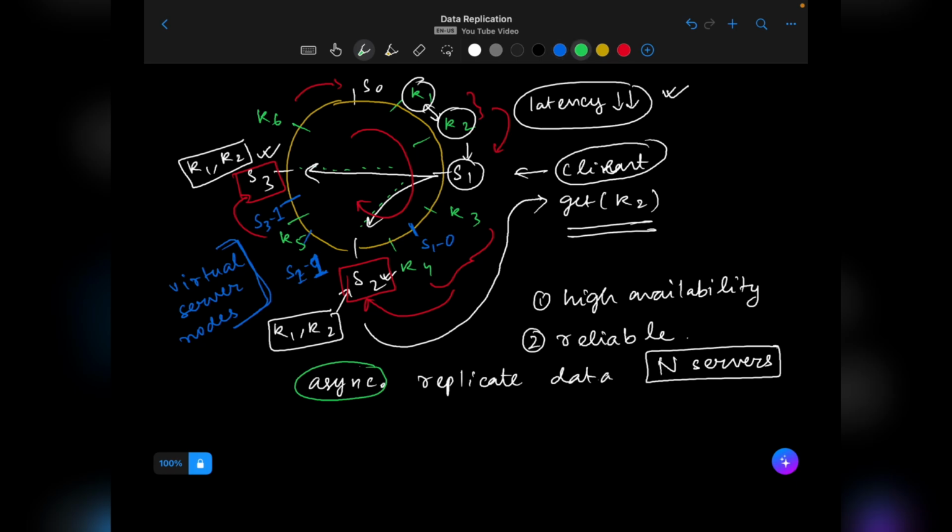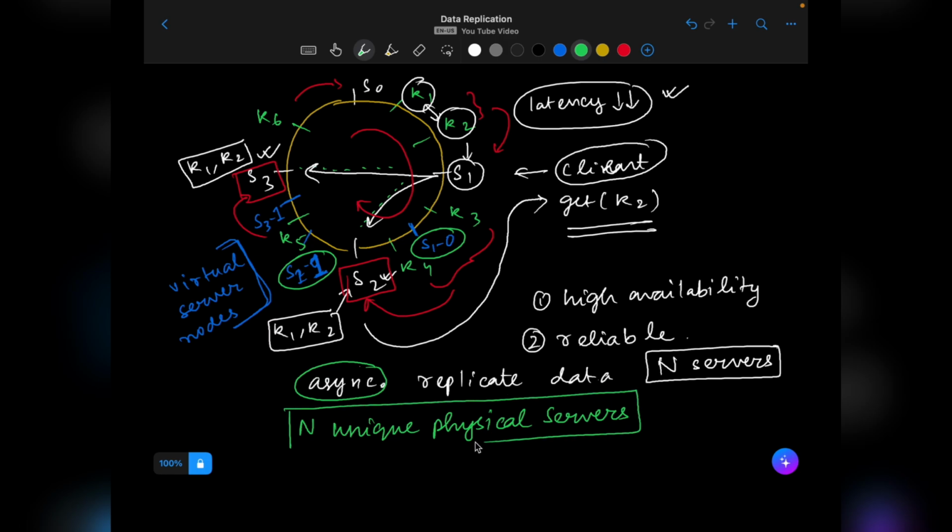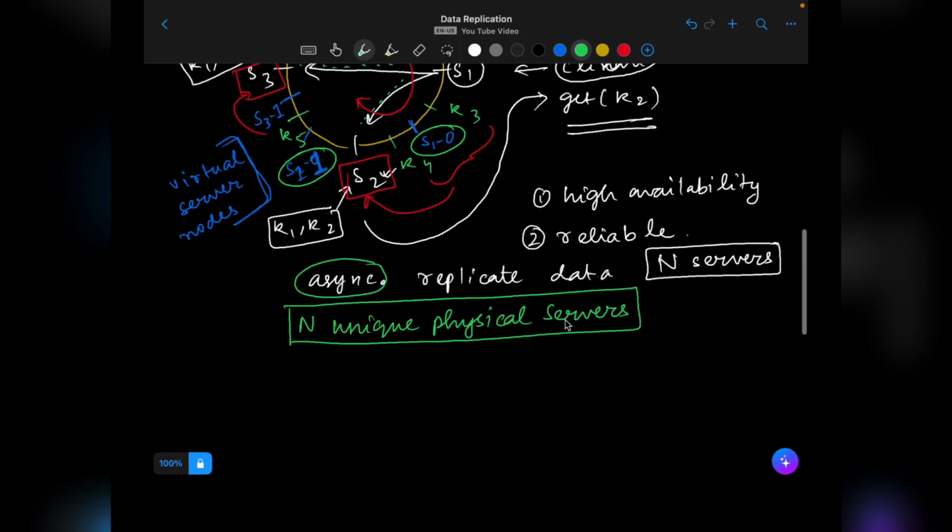To reduce this load on S1, we avoid the virtual servers and choose n unique physical servers. This is one thing we keep in mind: we choose n unique physical servers.